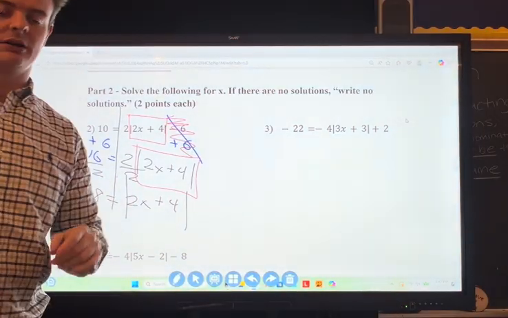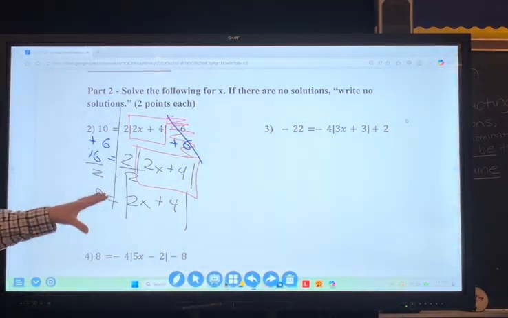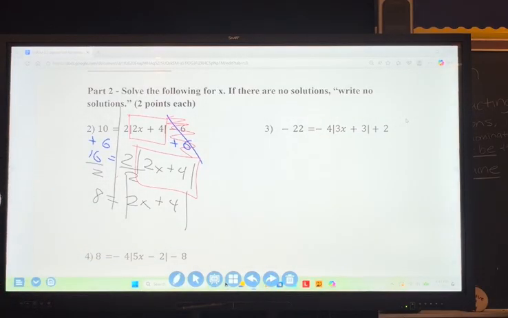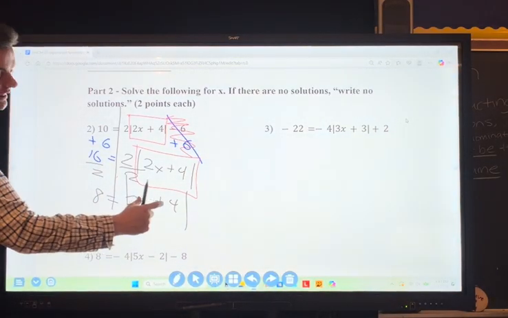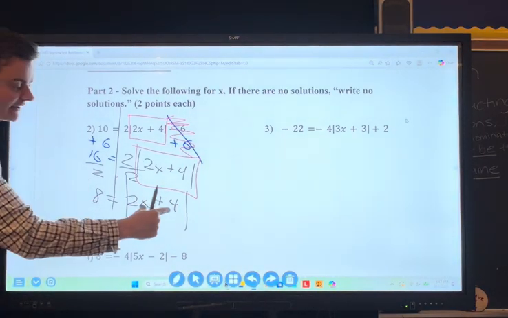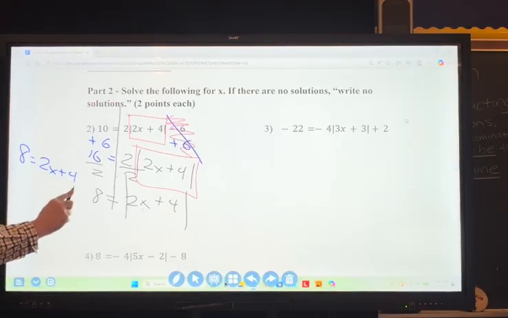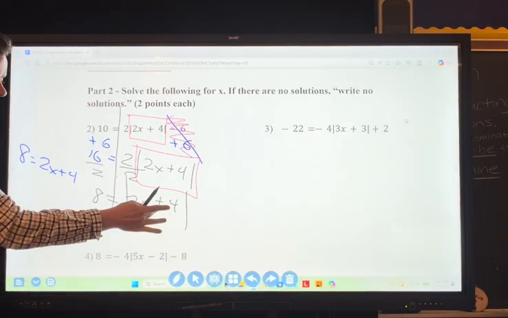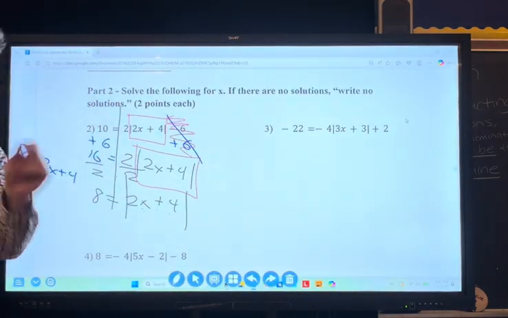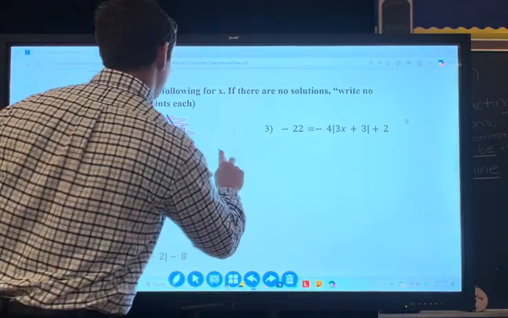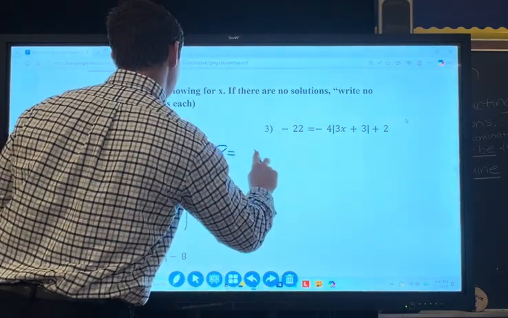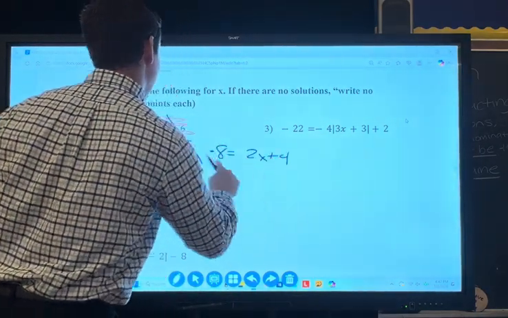Once I get the absolute value by itself, I can now split it up into two separate things, because this thing is 8. If I can figure out when this thing without the absolute value is 8, I'm good. But since it's absolute value, I also have to figure out when it's equal to negative 8.